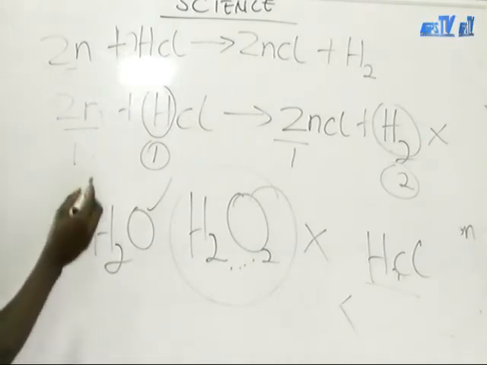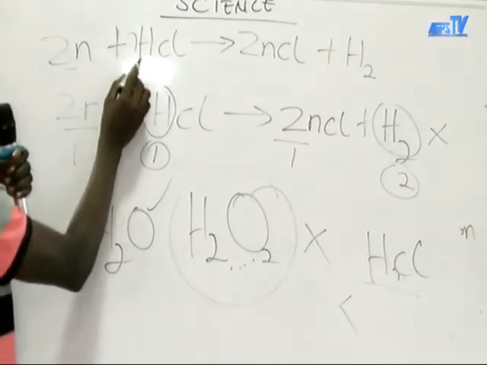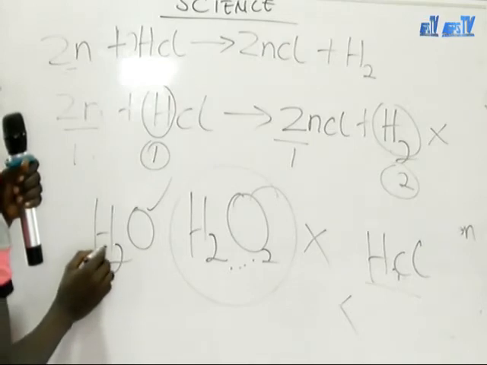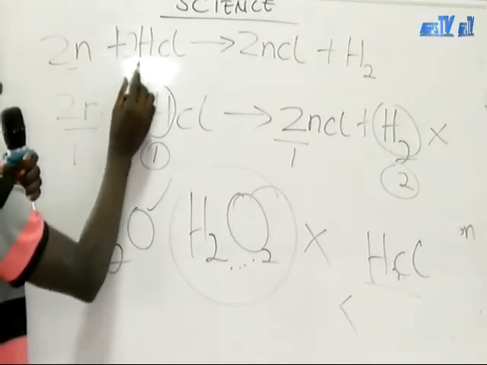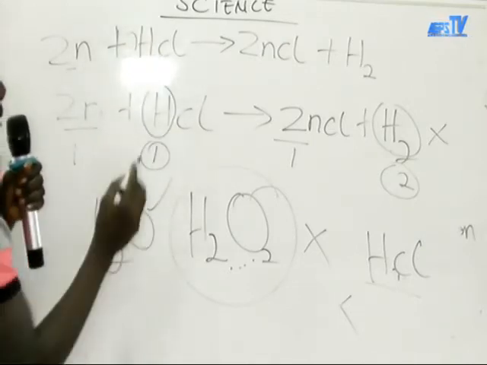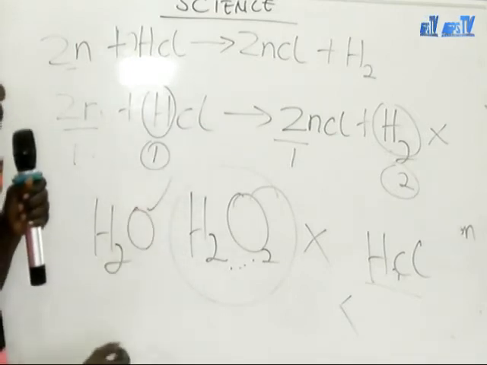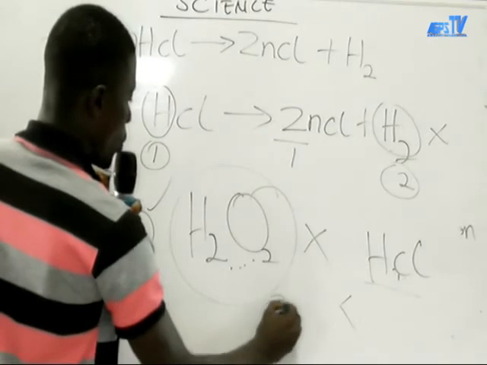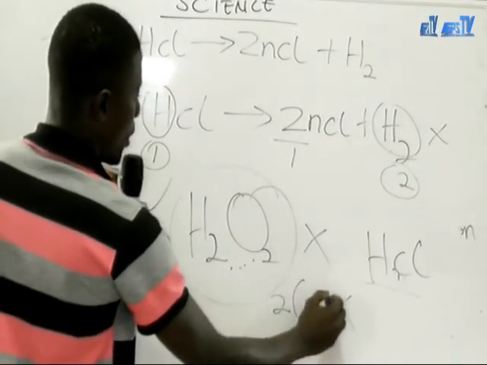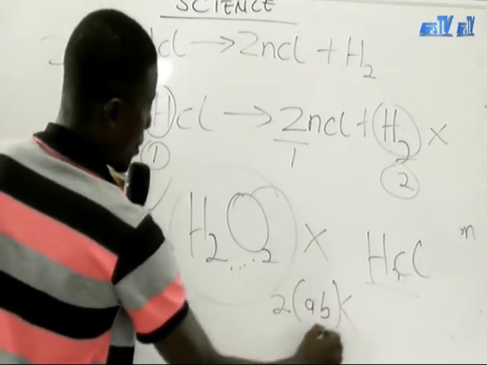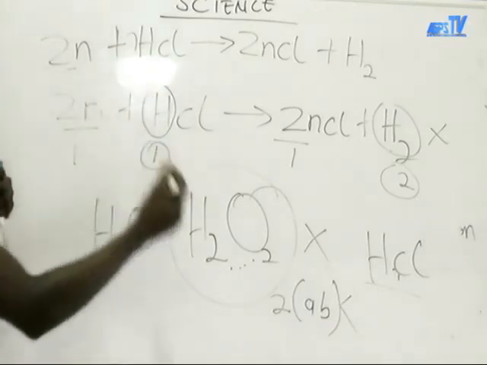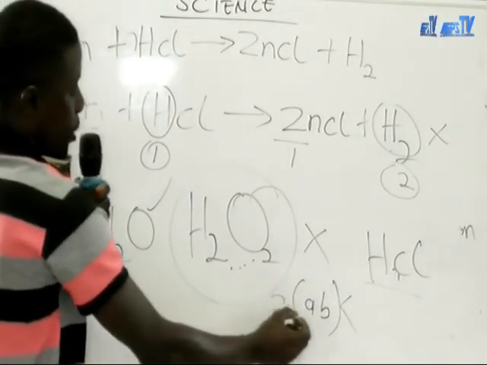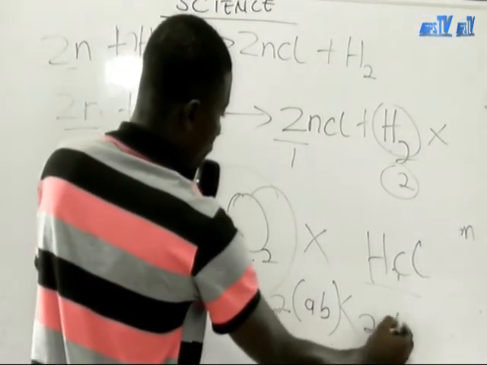Here we have 2 atoms of hydrogen, and the 2 also multiplies the chlorine. In mathematics, you do expansion: 2 into bracket A, B gives 2AB.